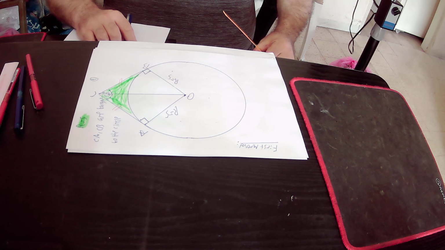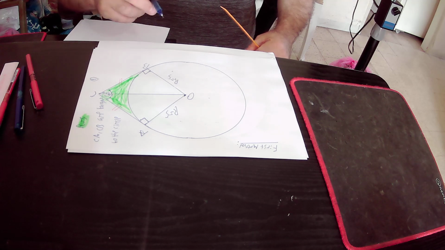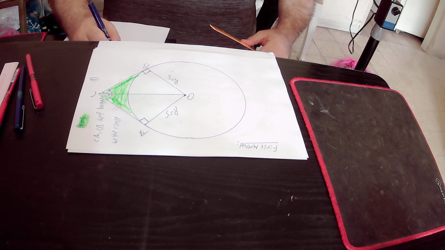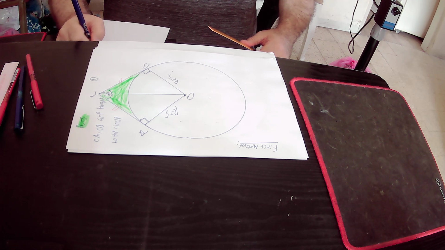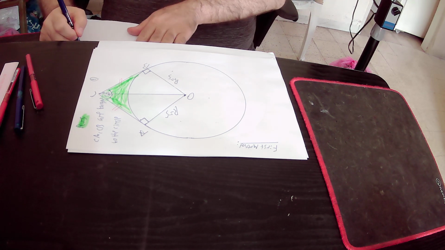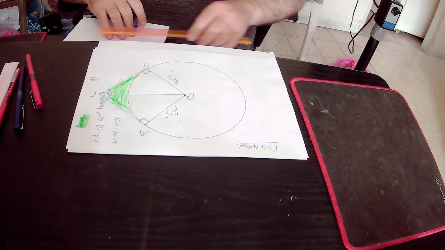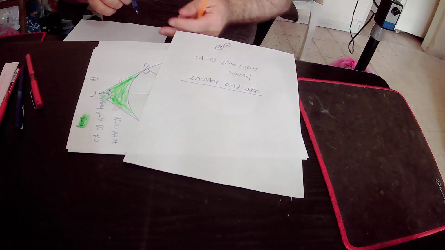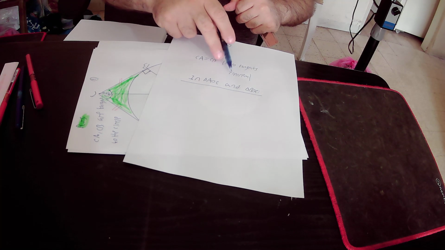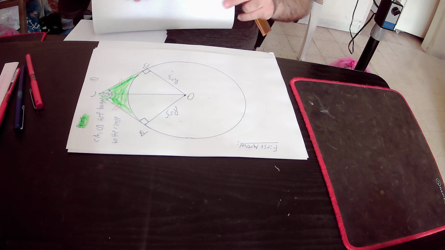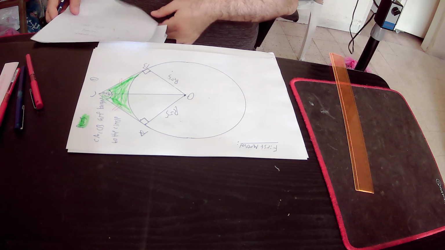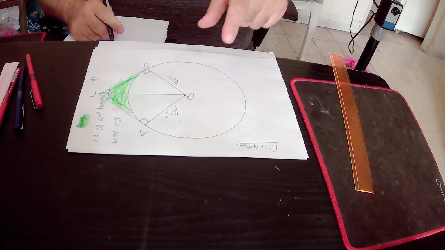And we will focus on triangles AOC and BOC. On those two triangles, BO equals AO.